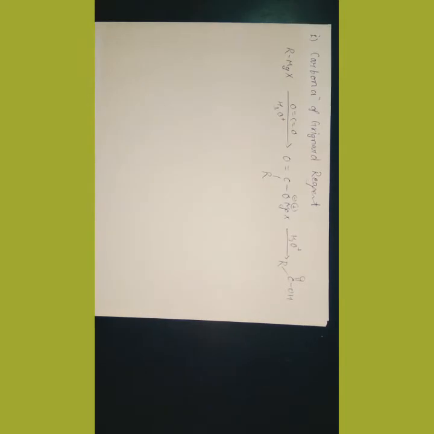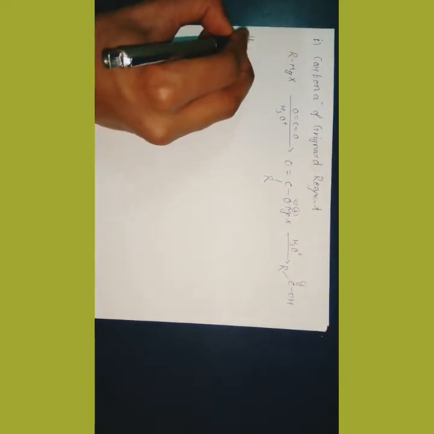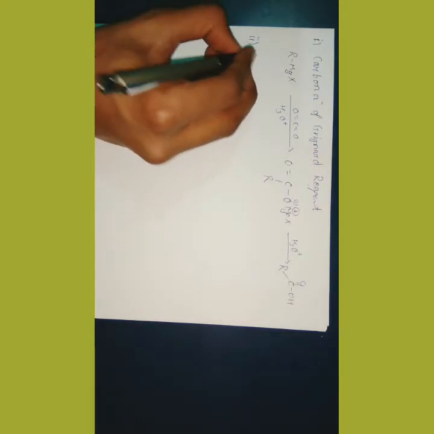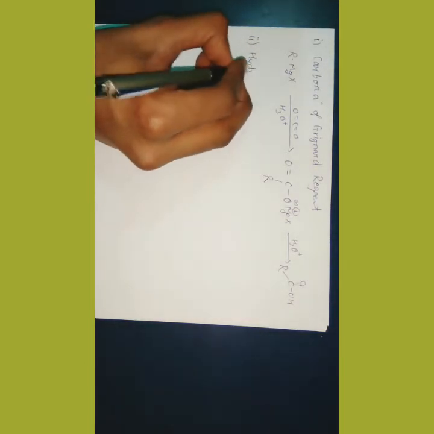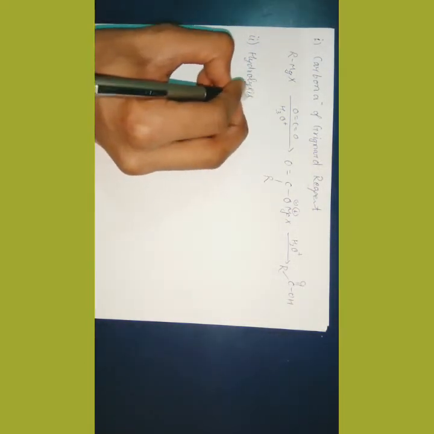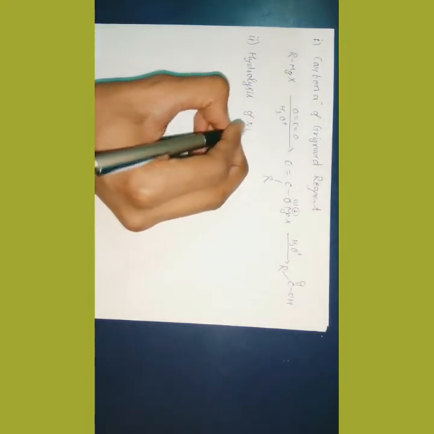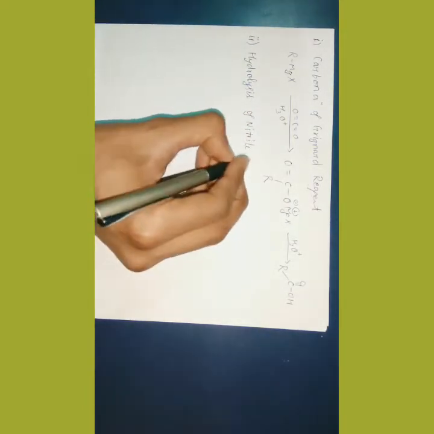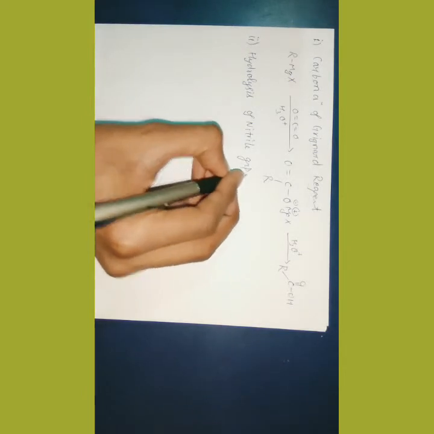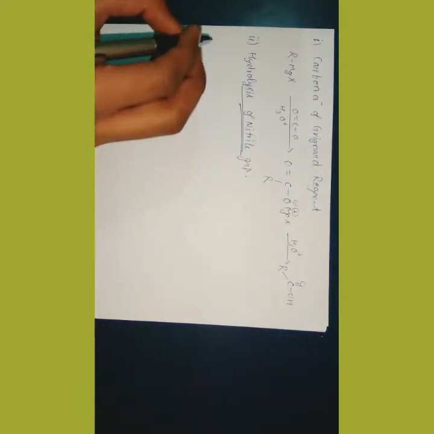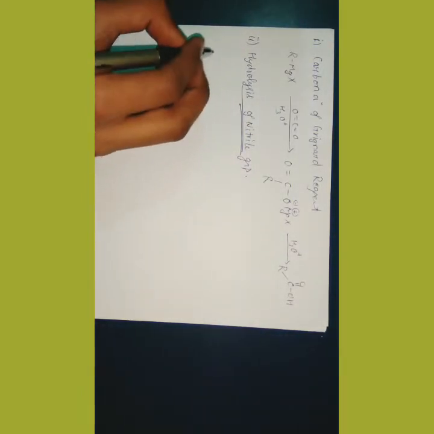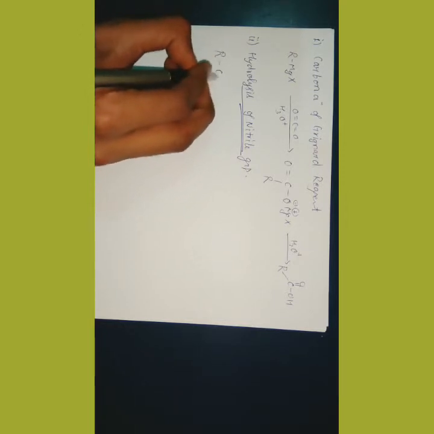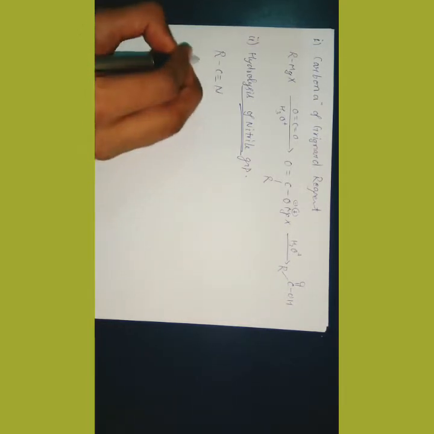it will form a carboxylic acid. The second reaction in the series which I have already described in the chart is hydrolysis of the nitrile group, in the top right corner of the chart. C triple bond N is the short notation of nitrile.